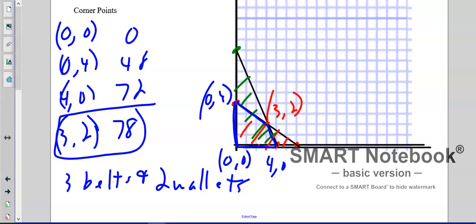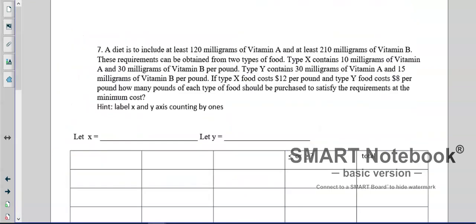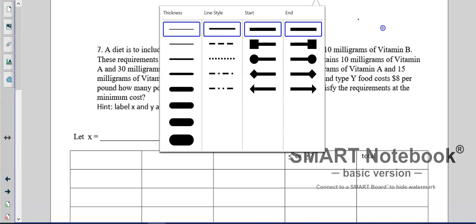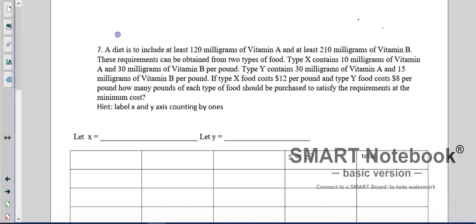And that's it. And we have one more for practice. This is it. Here we have a diet is to include at least 120 milligrams of vitamin A and 210 of vitamin B. These requirements can be found from 2 types of food. Type X contains 10 milligrams of vitamin A and 30 of B per pound.